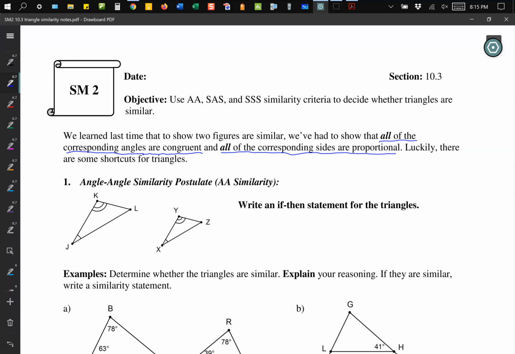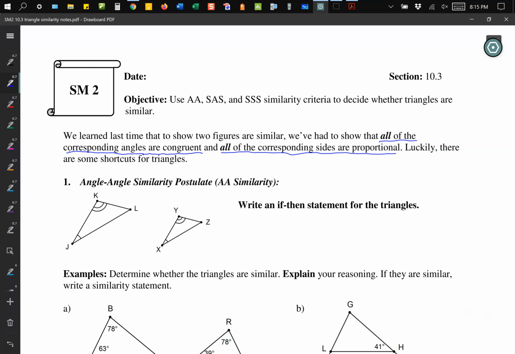There are 3 different tests for similarity. We're going to go through the 3 different tests separately, and then we will look at some problems where you have to decide which test to use, and then decide whether the triangles are similar.